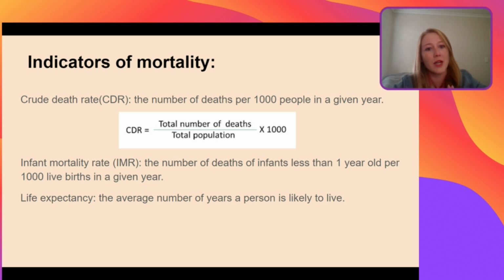Overall, it's more an indicator of lifestyle. Crude death rate and life expectancy show us something about people's standards of living and their access to healthcare. Also, it shows a lot about education and understanding of health.